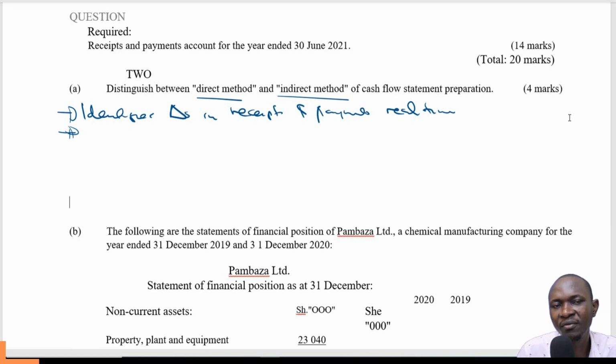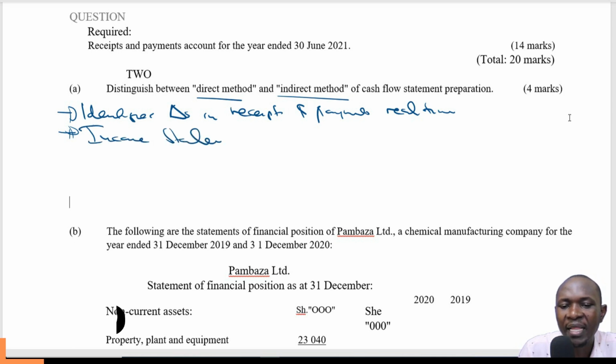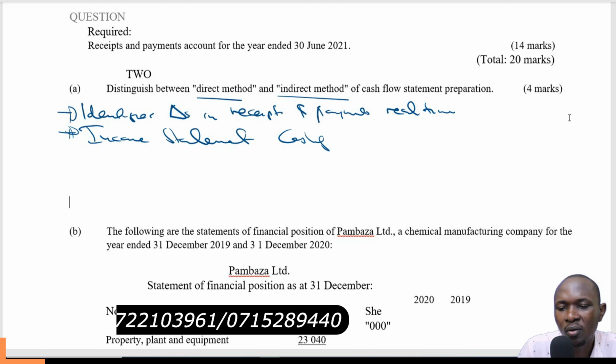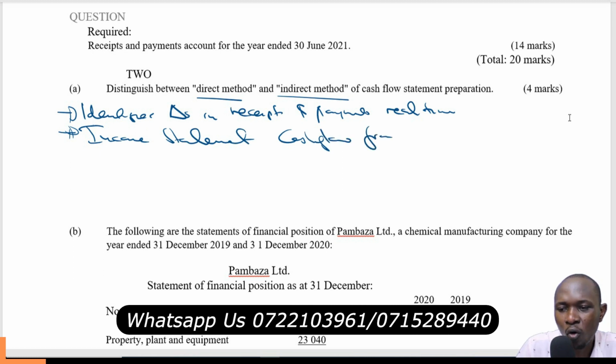You don't capture inflows and outflows per se as and when they occur, but instead you have to prepare the income statement and then get the cash flow from the income statement.